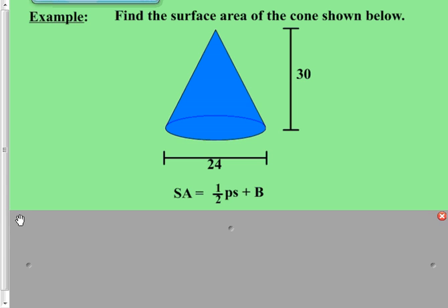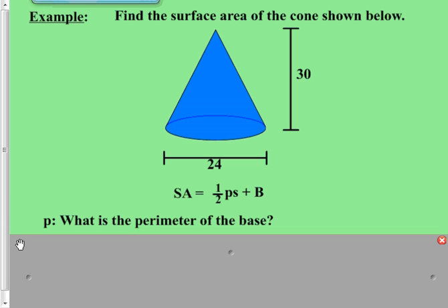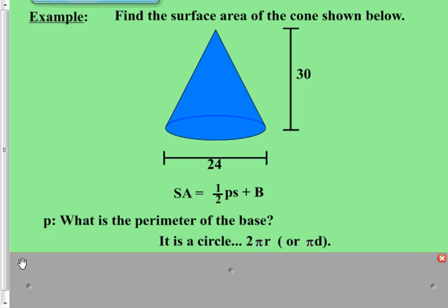Okay, changes our formulas a little bit because when we start looking for things like perimeter of our base, well, our base is now a circle. So that's going to make us change our formula a little bit. We need not necessarily perimeter, we need circumference. And the formula for circumference is 2 pi r, or some of you learned it as pi d. Either way, that's fine.